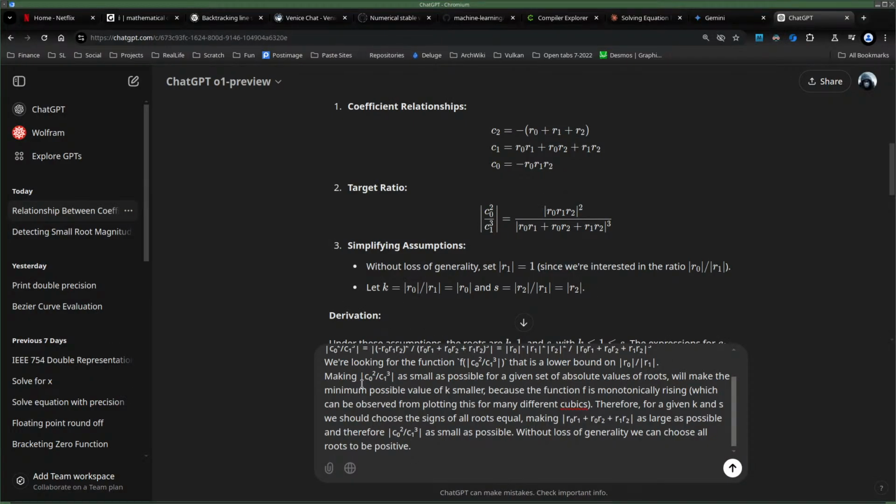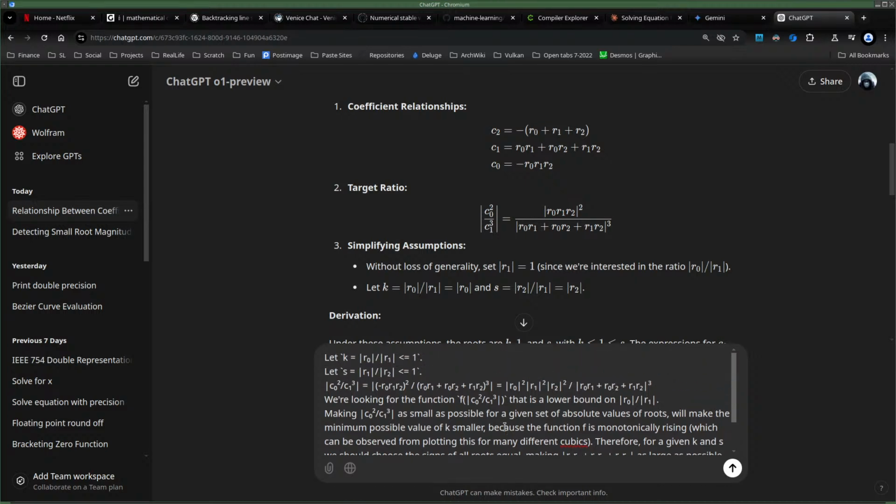I mean, if you have a certain cubic with 3 real roots, so you have a given ratio of absolute value of R0 divided by the absolute value of R1, then you might as well toggle the sign of R0 and or R1 without changing K, which is our vertical axis in the graph.